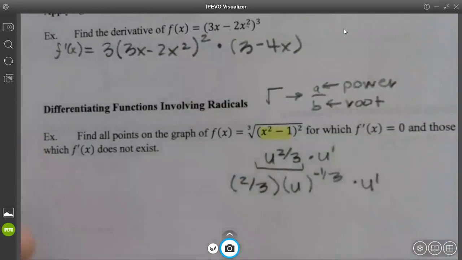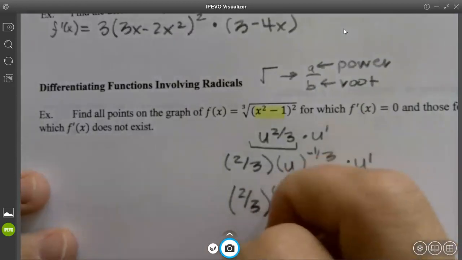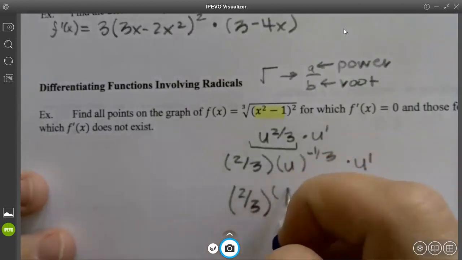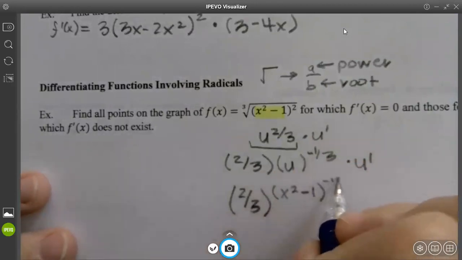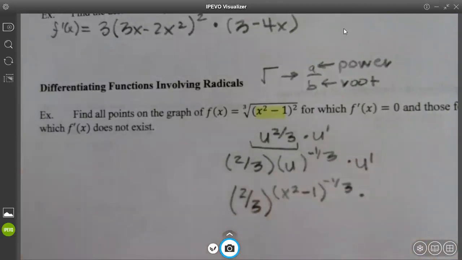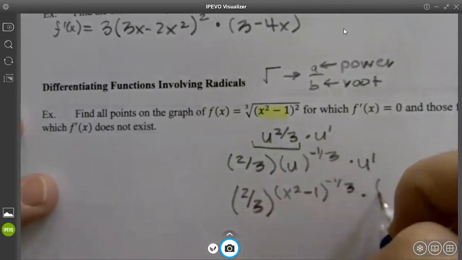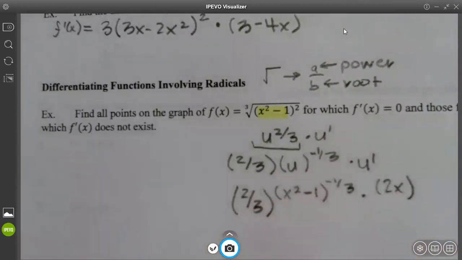And again, we're going to hold off for just a minute, times u prime. So we have 2/3. What was u? X squared minus 1 to the negative 1/3. So then what would be that u prime? X squared minus 1's derivative. Perfect.